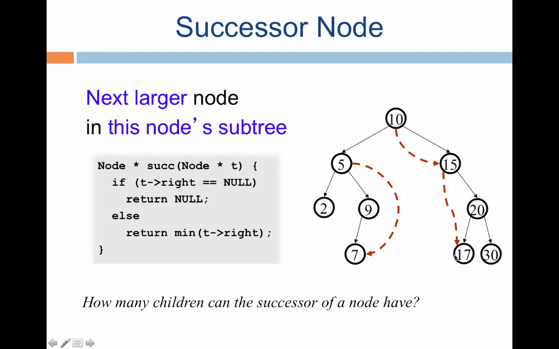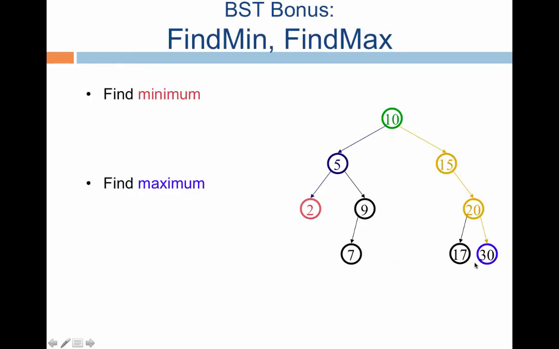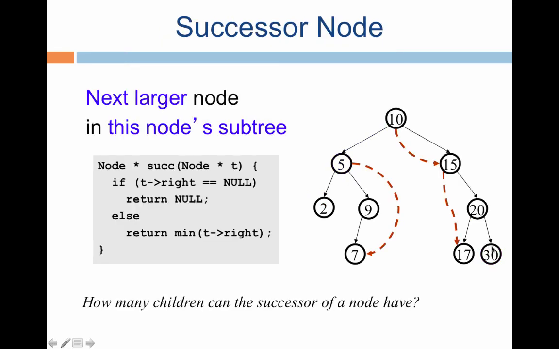As you can see, the example is 17, but observe that the answer lies in the analysis in the previous question, that the smallest key in the binary search tree is the leftmost leaf, and the largest key in a binary search tree is the rightmost leaf. Therefore, the smallest key larger than 10 is here, and the largest key smaller than 10 is here.